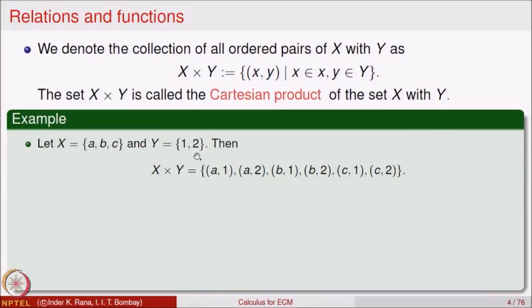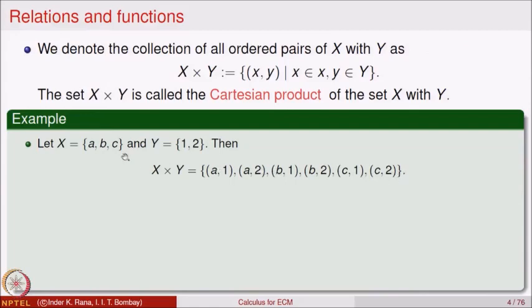Similarly, when we pair it with 2, we get the ordered pair (A, 2). Next, we take the element B of the set X and pair it with the elements of Y. So, we get (B, 1) and another ordered pair (B, 2). And finally, we take the element C from X and construct ordered pairs with 1 and 2 of Y. So, that gives us the ordered pairs (C, 1) and (C, 2).